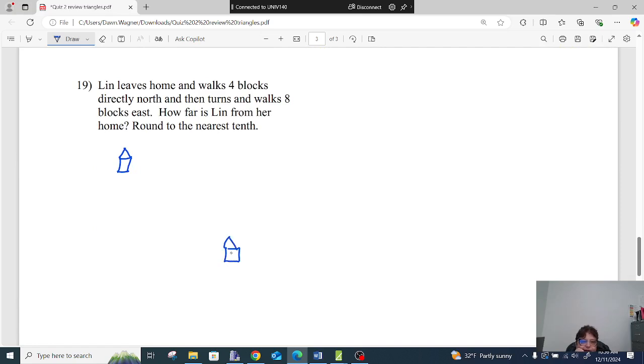So if this is my starting place, I'm going 4 blocks north, right? And then turns and walks 8 blocks east. 8, right? And then they want to know, how far is Lynn from her home?